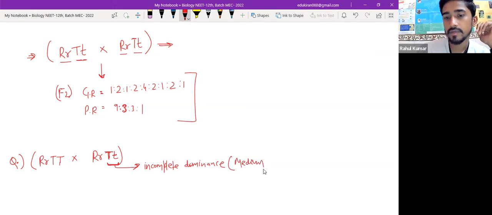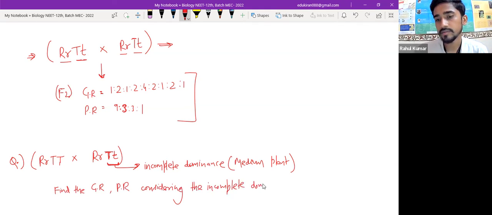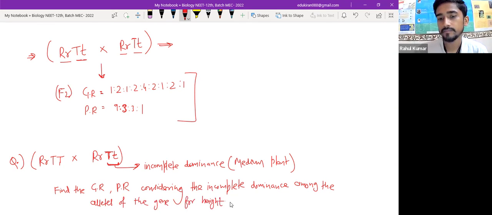Now give me the genotypic ratio and phenotypic ratio in the next generation, considering the incomplete dominance among the alleles of the gene for height. Question written?